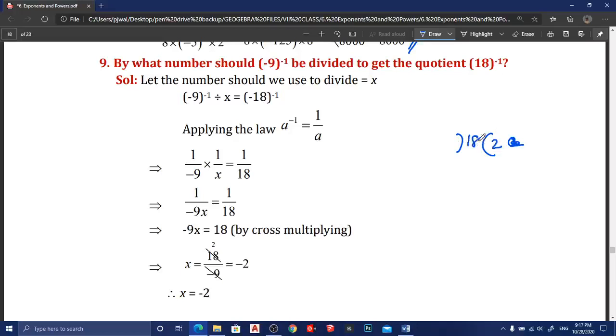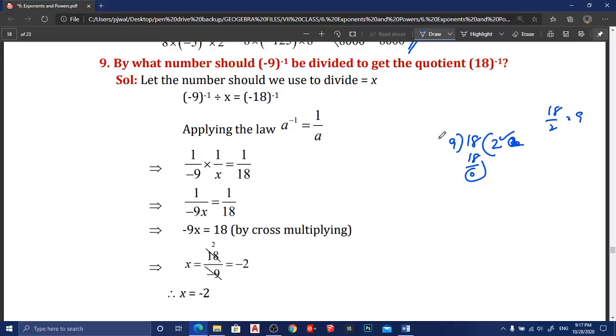You have to divide this 18 with 2 again. 18 divided by 2 means 9. So by dividing 18 with 9, you will get 2 as the quotient. So reverse, you have to divide this 18 with 2 to get this one. Like this, same you have to apply here.